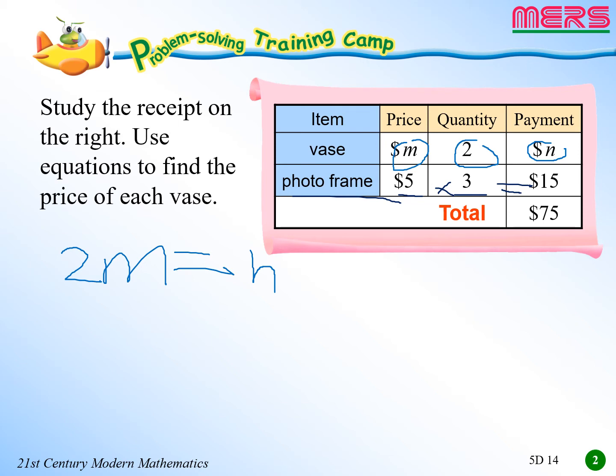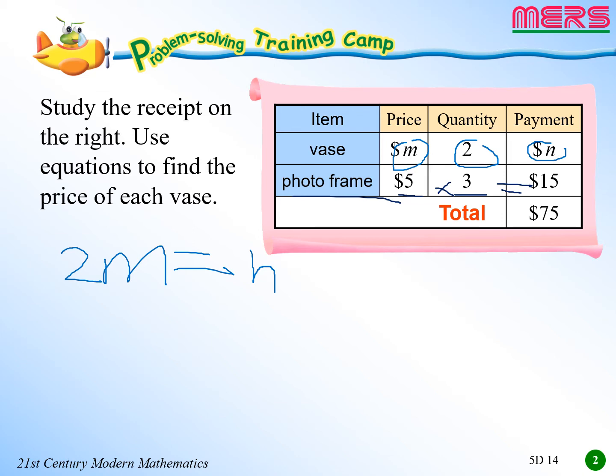Think about it. It could be many possible answers. M could be 3 and then N equals 6, or M could be 4 and N equals 8.